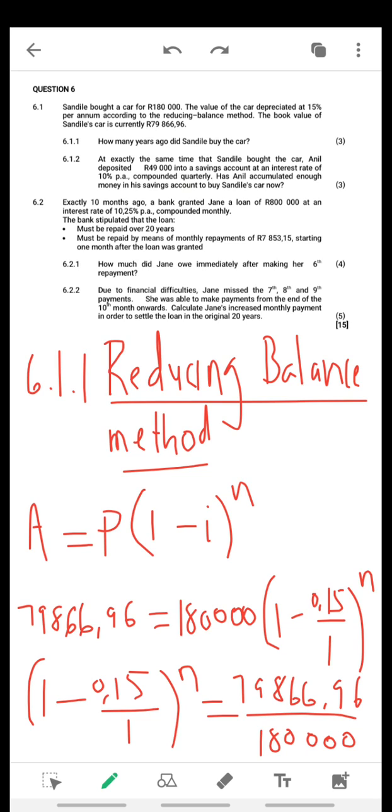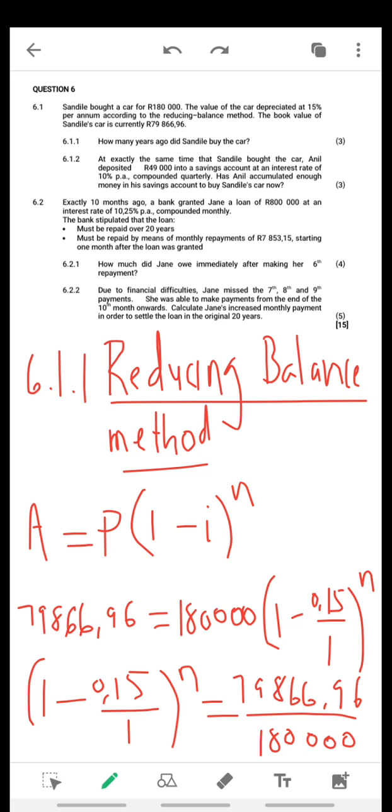Has Anil accumulated enough money in his savings account to buy Sandile's car now? Remember, the car itself is currently worth 79,866 rands 96 cents. So we want to see how much 49,000 will be at the end of 5 years.